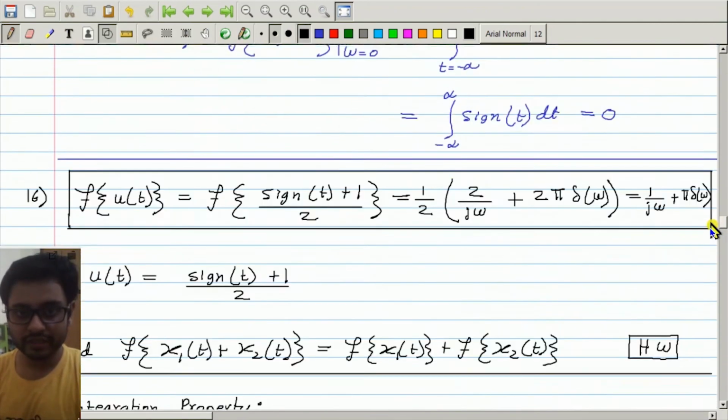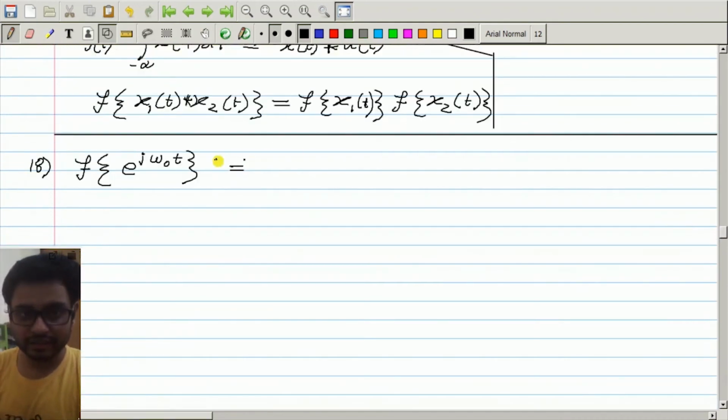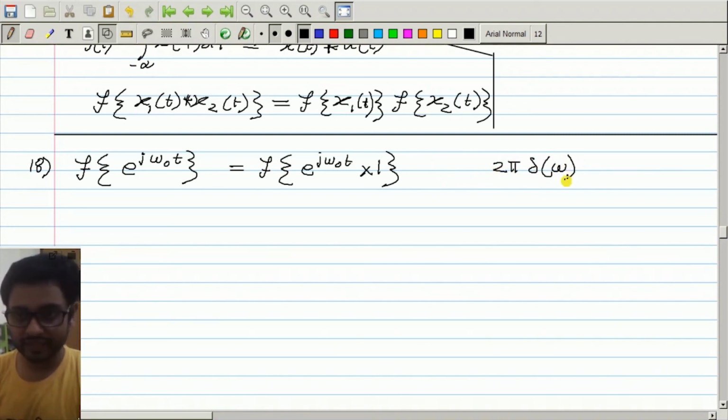So here this is like the Fourier transform of e to the power j omega naught t multiplied with 1, and the Fourier transform of 1 is 2 pi delta omega. Now because of this e to the power j omega naught t being multiplied, here we have to replace omega with omega minus omega naught. That is the modulation property. Okay, so that is the answer.